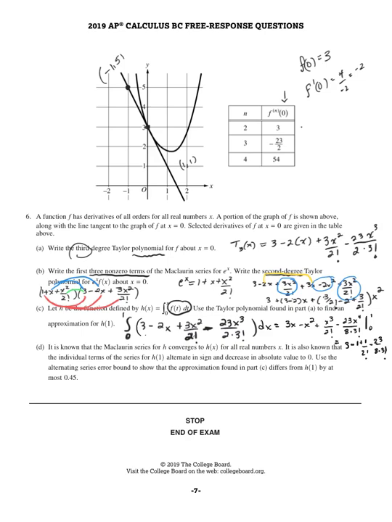Okay, looking at question D, they're feeding you specific information. They're telling you about how h of 1 alternates in sign and decreases in absolute value to 0. That, as you know, is the alternating series test, so that means it converges. They're asking you to use the alternating series error bound to show that the approximation found in part C differs from h of 1 by at most 45 hundredths.